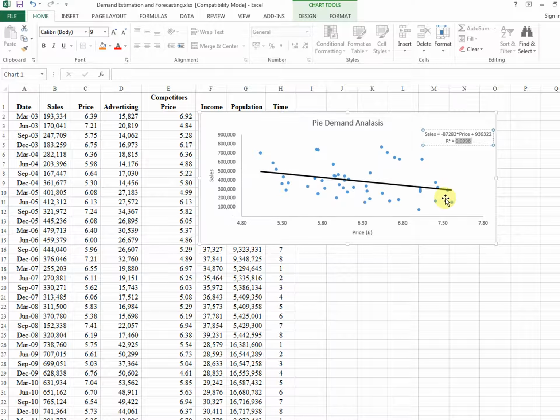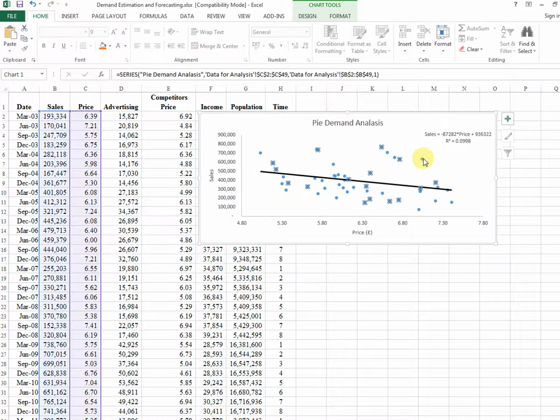As you can see, some of the points here, let's say this point here, is just telling us a point where price is £7.04 while the demand is 634,934. So this is the point there, and it is the actual point being described at this point right on the graph here, described by this line. So there's a huge error here.